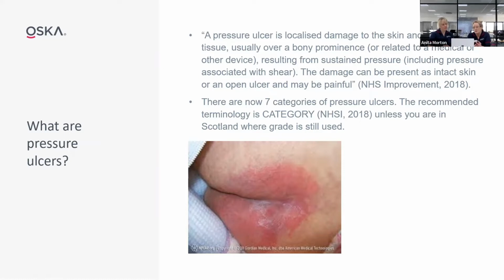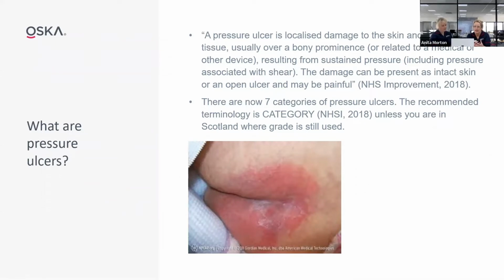So the damage can present as intact skin, as a shallow ulcer or as a deep ulcer. And certainly the category 1 and category 2s, the shallow ulcers, are very, very painful. There are now 7 categories of pressure ulcers. So we all remember category 1, 2, 3, 4 and unstageable.